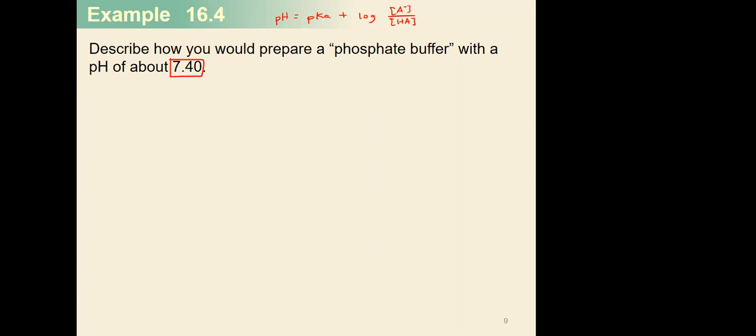The first thing to do is find out what buffer system has that pH, or at least a pKa near it. Because if you look at the Henderson-Hasselbalch equation, we have pH equals pKa plus log of your conjugate base over acid.